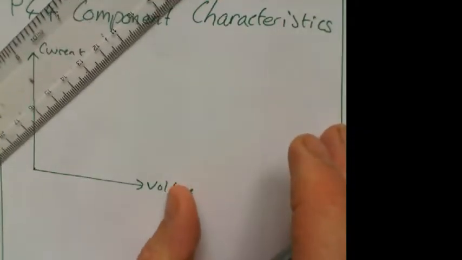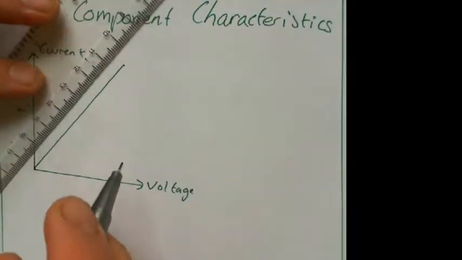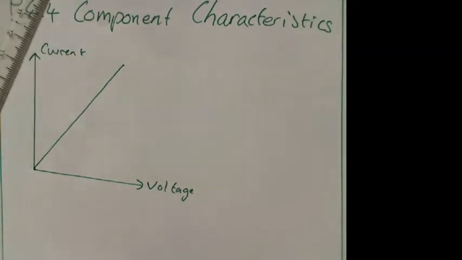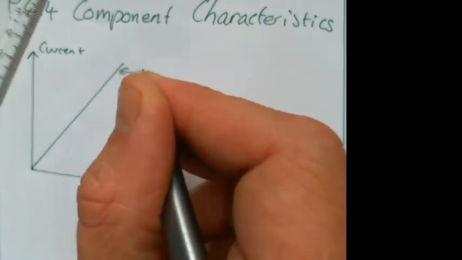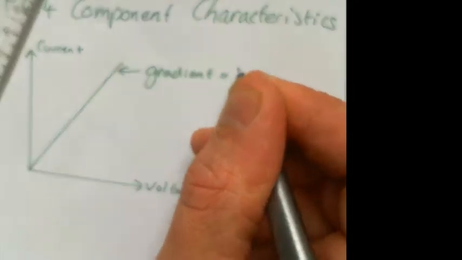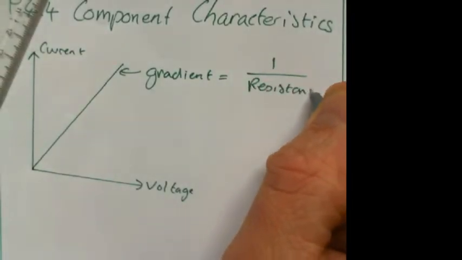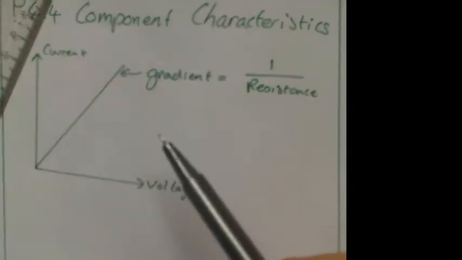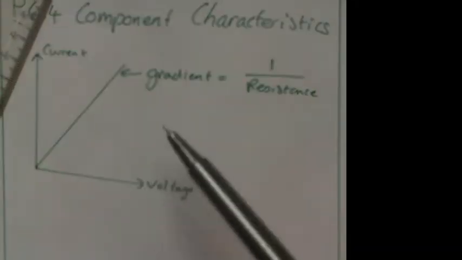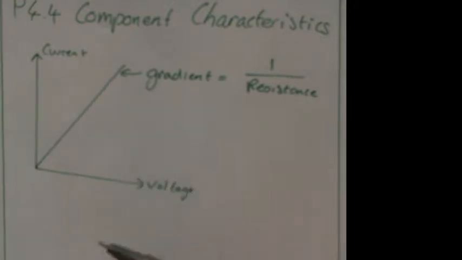Okay, and we said that if you've got something special called a resistor, then it is a nice straight line, and the gradient equals 1 over the resistance. That's because y divided by x is your gradient, which is current divided by voltage.